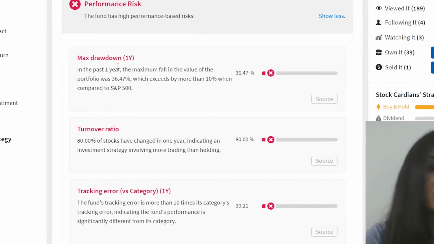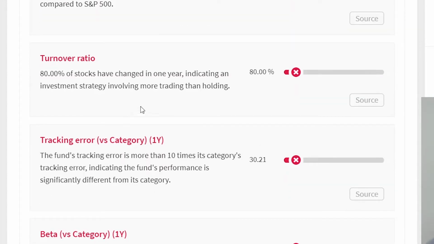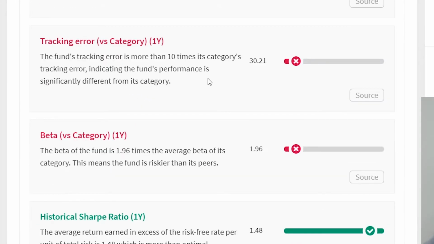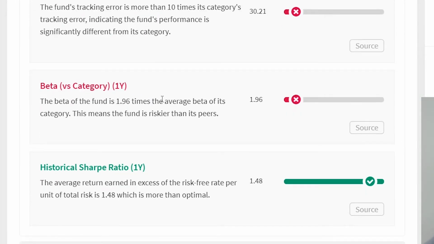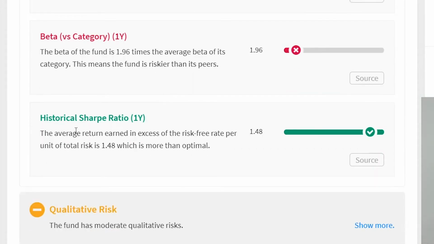So in this case, there is drawdown, so there is volatility. For ARK, there is turnover because ARK sells its holdings and buys them quite rapidly. There's tracking error, there is beta, and there's some historically good Sharpe ratio.